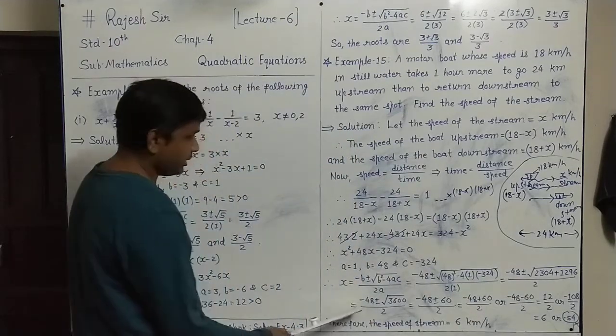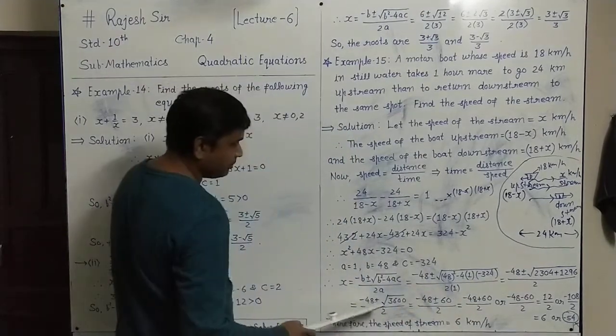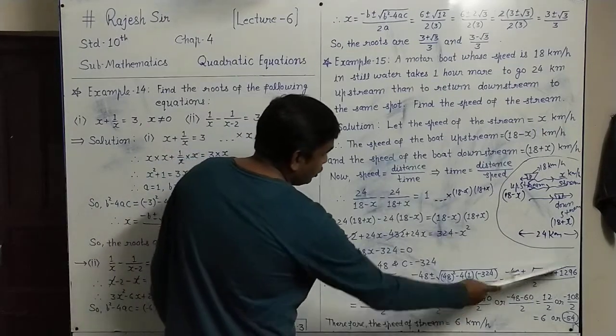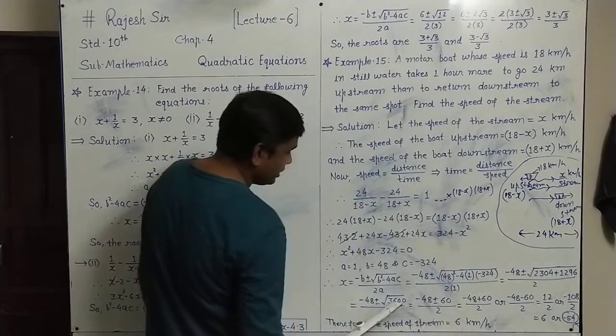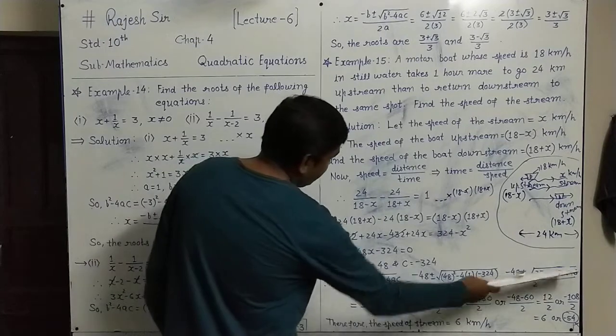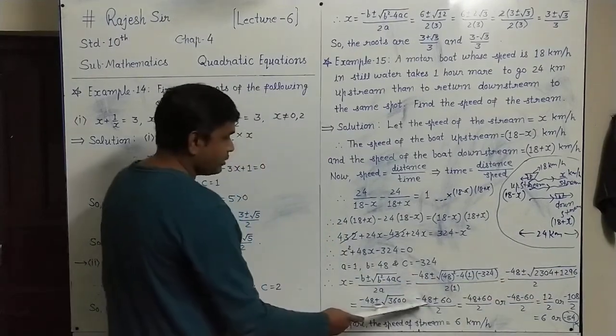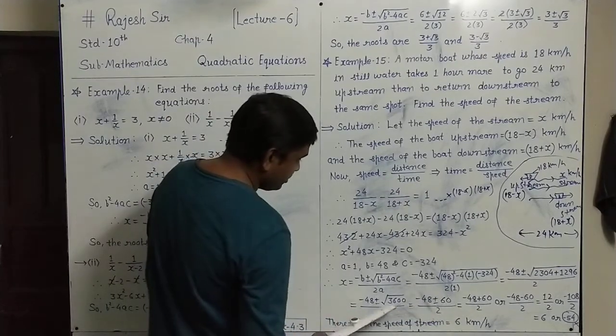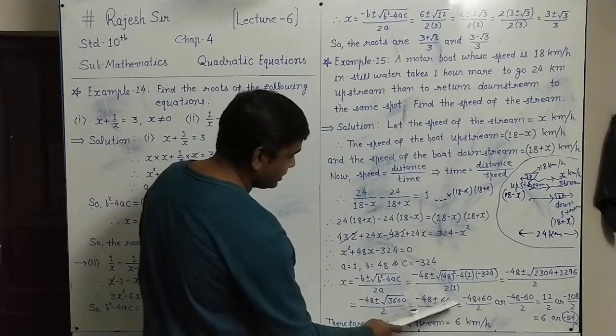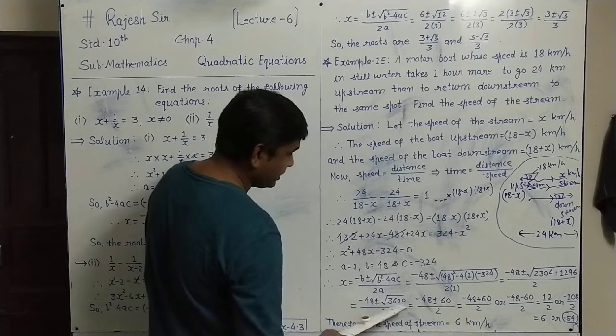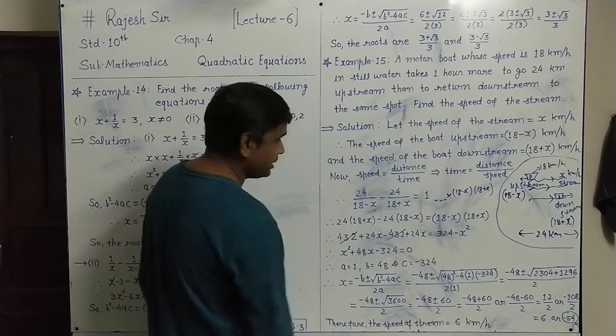Then the next step is equals minus 48 plus or minus root of the sum of these two, which is 3600, upon 2. So minus 48 plus or minus root of 3600 is 60, upon 2.